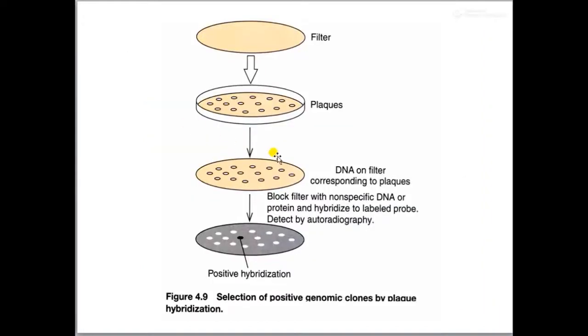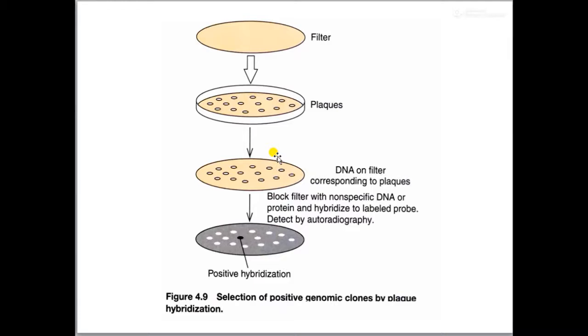In plaque hybridization, you know what a plaque is? A plaque is formed when a virus, in this case a bacteriophage, grows on bacterial cells. The bacteria is eaten up by the bacteriophage, and plaques will be formed.